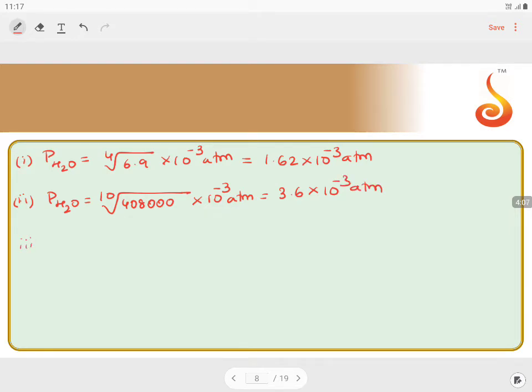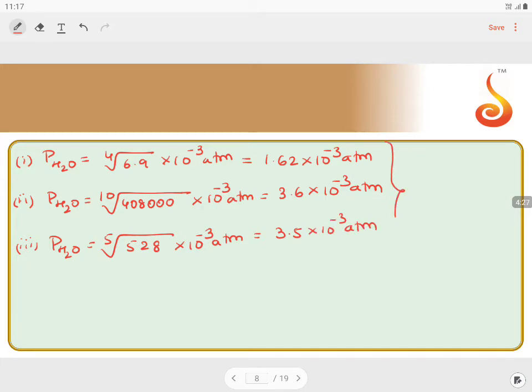Coming to the third one, the partial pressure of H2O is the 5th root of 5.28, which can be written as 528 into 10 power minus 15, becoming minus 3 atmosphere, which will be approximately 3.5 into 10 power minus 3 atmosphere.